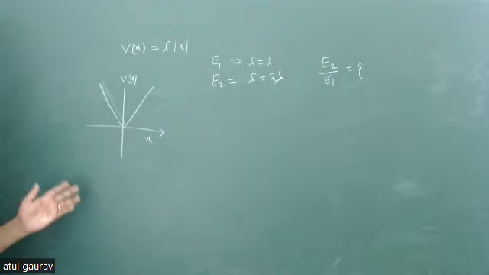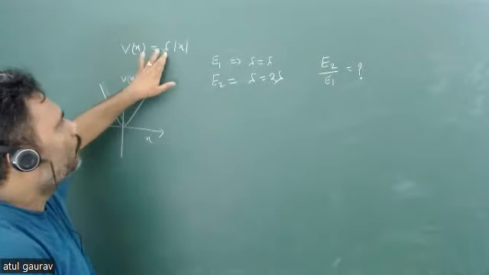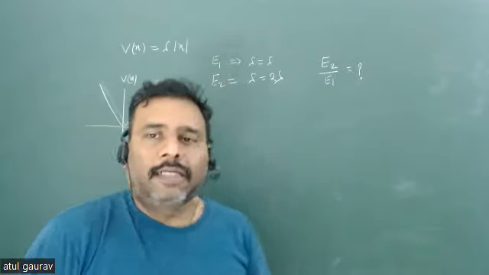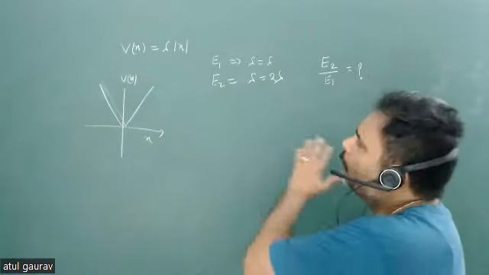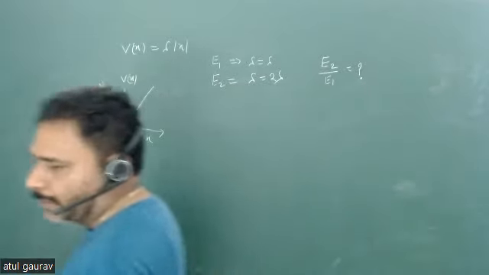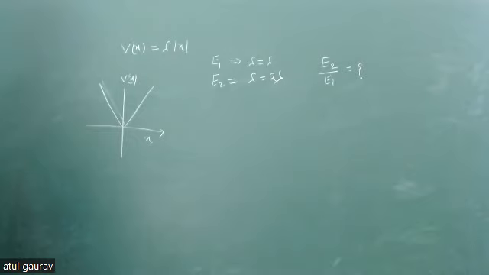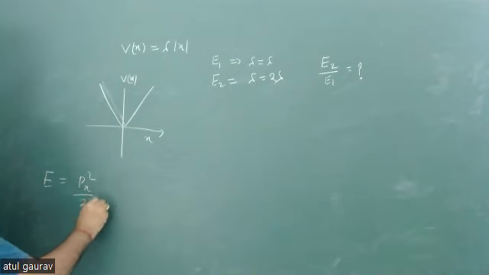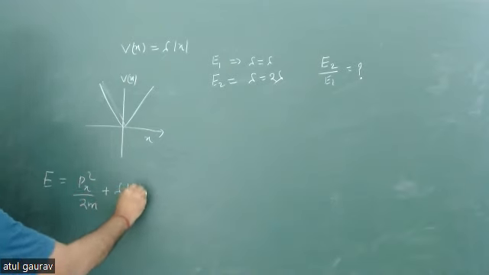So first we have to find how my energy is proportional to lambda. There is not any need to do all the calculation. Let me just do this one. So what is your energy? Your energy is equal to px square upon 2m plus lambda mod x.